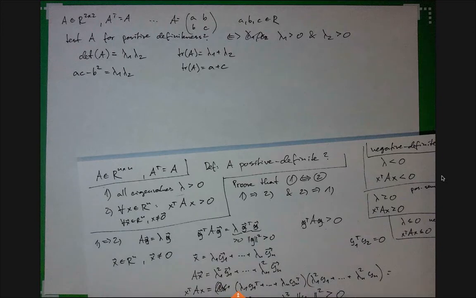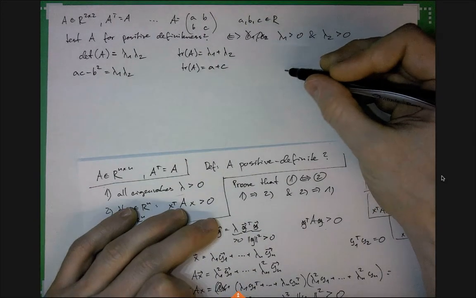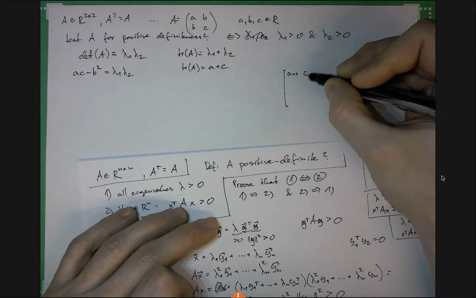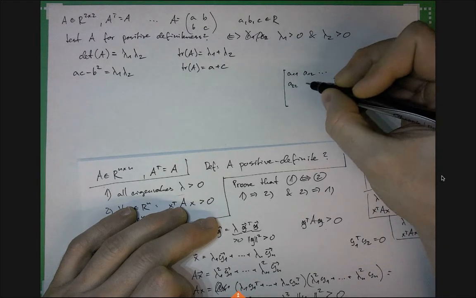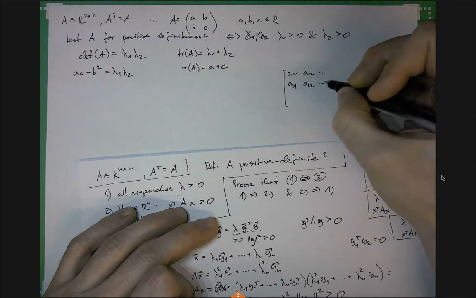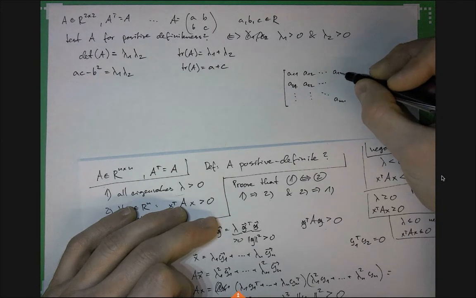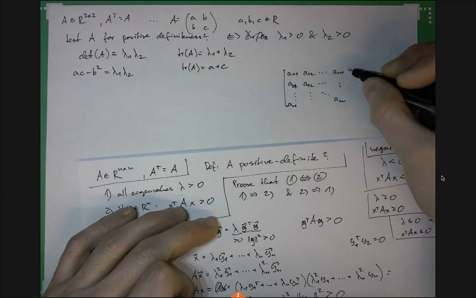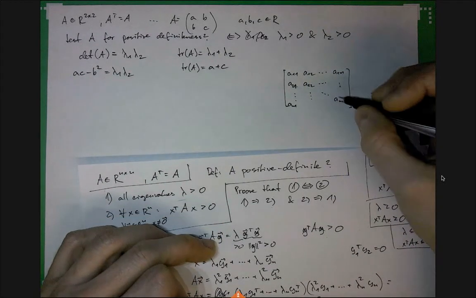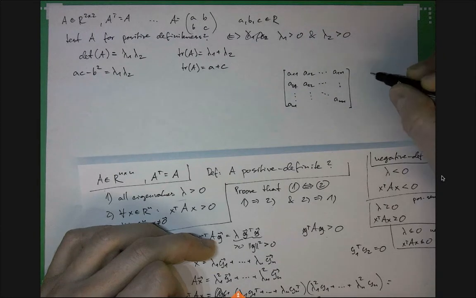One cool thing for an arbitrary matrix: one necessary condition that must be true if the matrix is to have any chance at all of being positive definite is seen just by looking at the diagonal. If I have an arbitrary matrix, A11, A12, and so on up to A1N and AN1, then all the elements on the diagonal had better be positive.